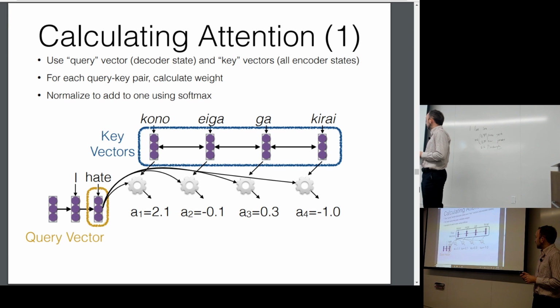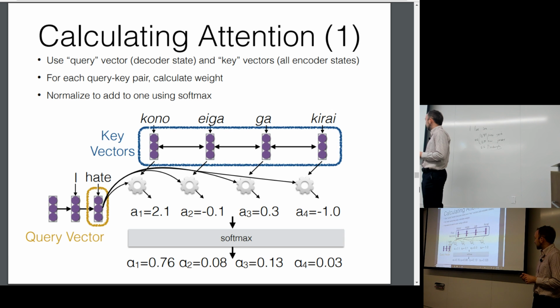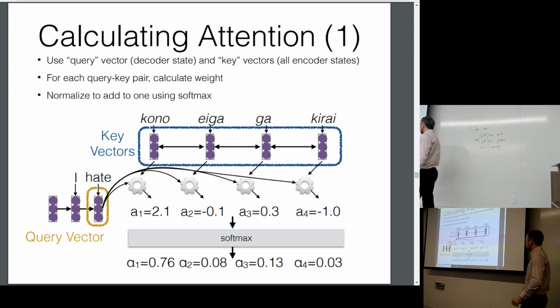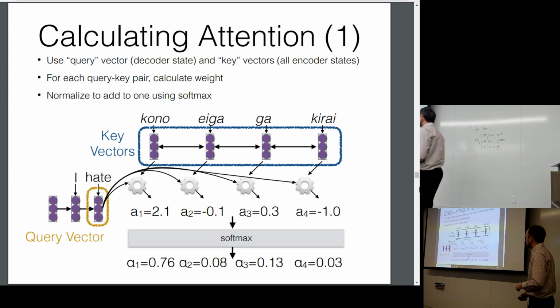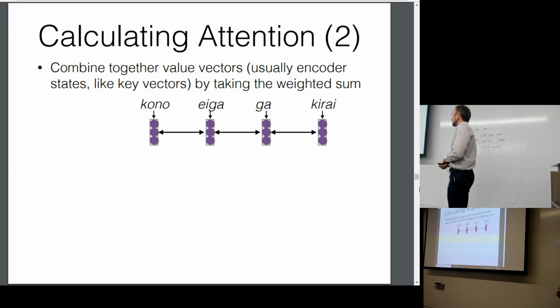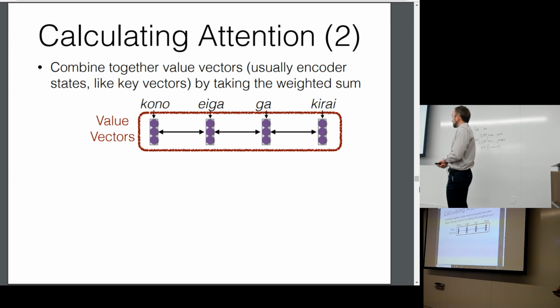And then we normalize this to add up to 1 using a softmax. So this is saying, OK, for this one, we have 0.76, 0.13, 0.03, 0.08. And these all add up to 1. And then based on this, we have our attention scores, or normalized attention scores.